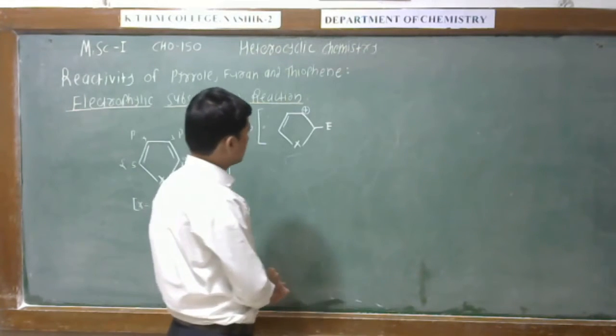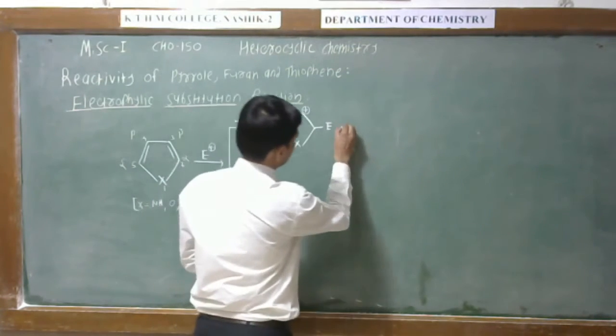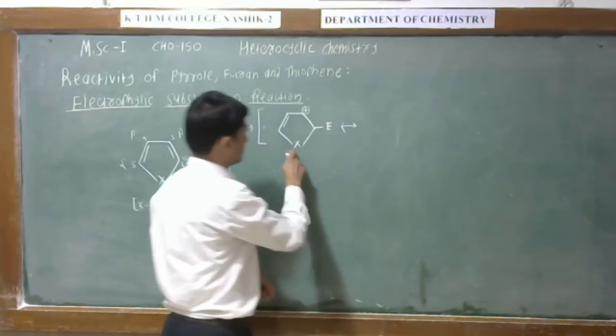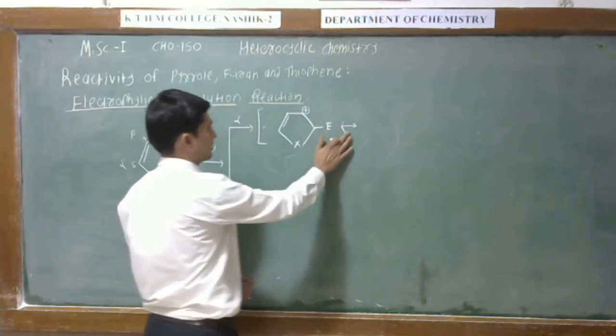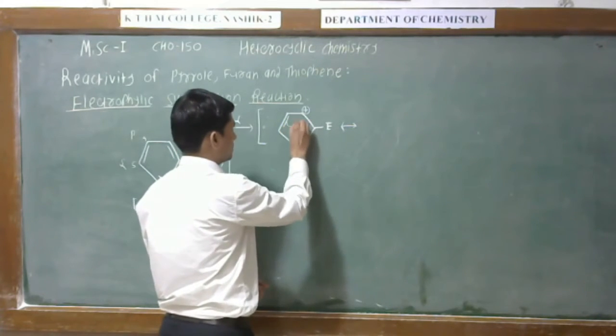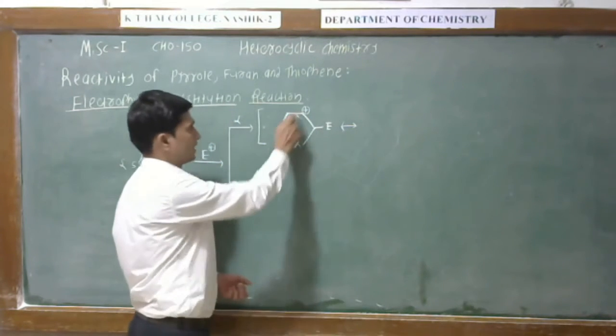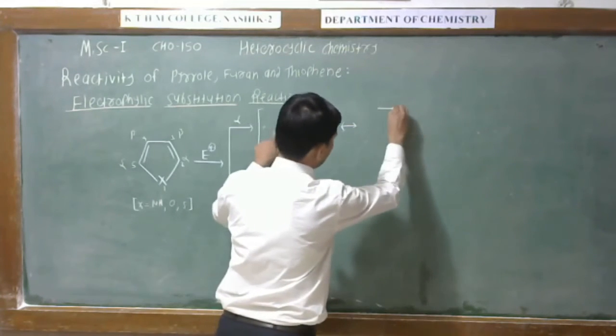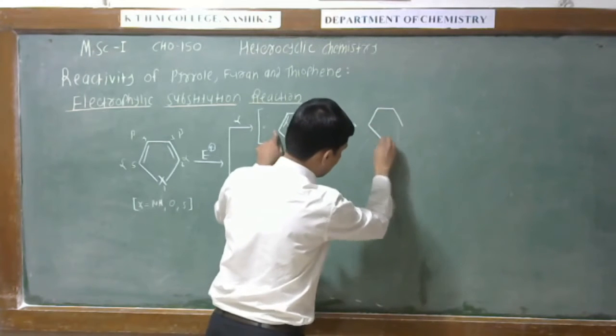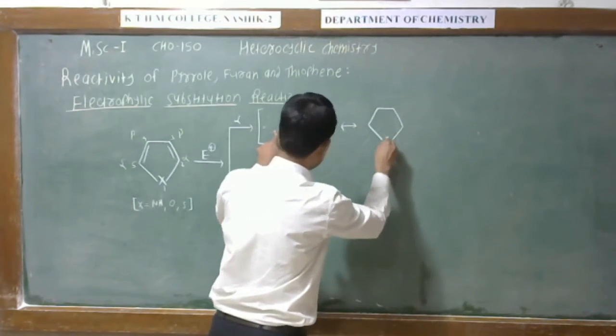This structure can be stabilized by resonance. The bond shifts to neutralize this positive charge, and the positive charge comes to the alpha position again, and then you can write the structure.